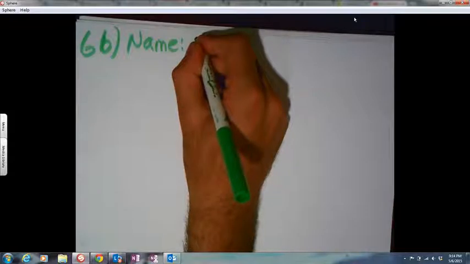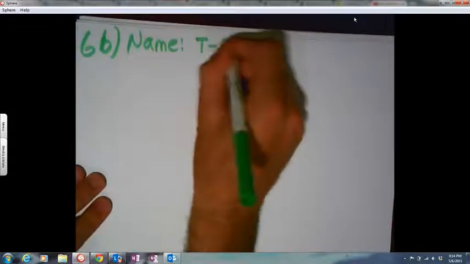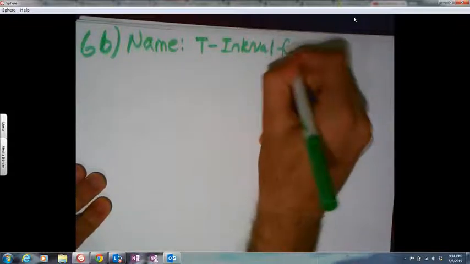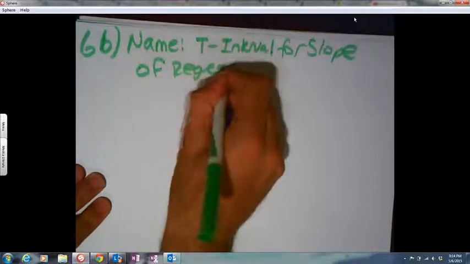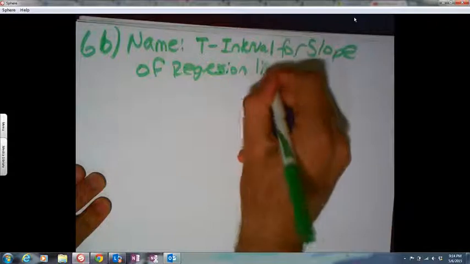So again, you start with, this is 6b, name is always the first thing. So we're doing a t interval for the slope of the regression line, right?